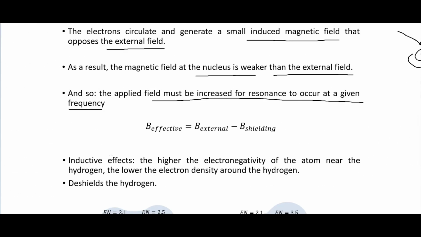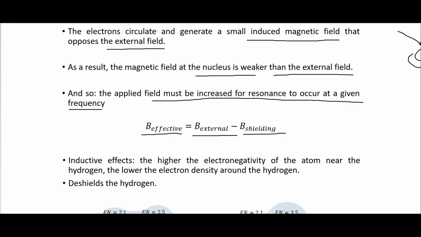So the B effective, which is what is felt at the nucleus, is our external magnetic field minus the magnetic field induced by the electrons, so the shielding of it. We can think of the magnetic field from the electron as shielding the nucleus from the external magnetic field, and so it will feel a B effective that is less than the external magnetic field.